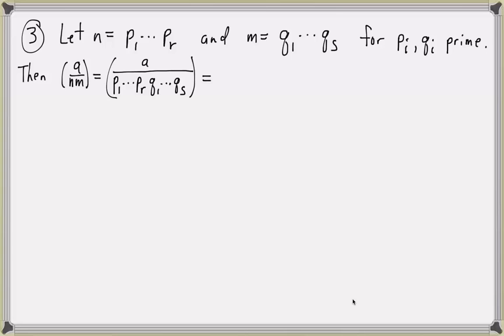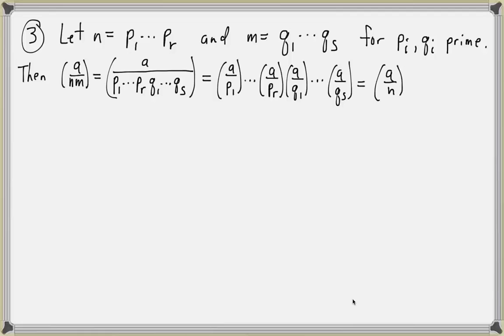And then, by definition of the Jacobi symbol, we can break this up as a over p1 up to a over pr times a over q1 up to a over qs. But this just equals the Jacobi symbol a over n times a over m. So that finishes part 3.